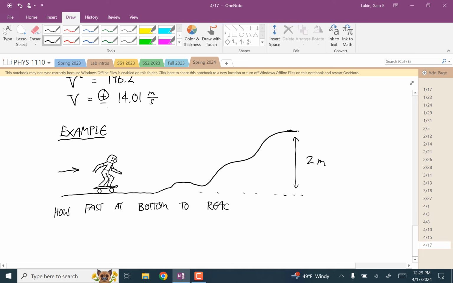So how fast does the skateboarder need to be going at the bottom to reach the top of the hill? This time I won't give the skateboarder's mass, and we'll see that that cancels out of the equations, which means this answer is the same no matter what mass the person had.